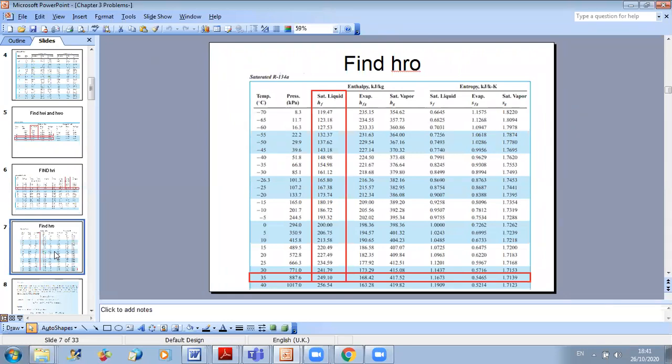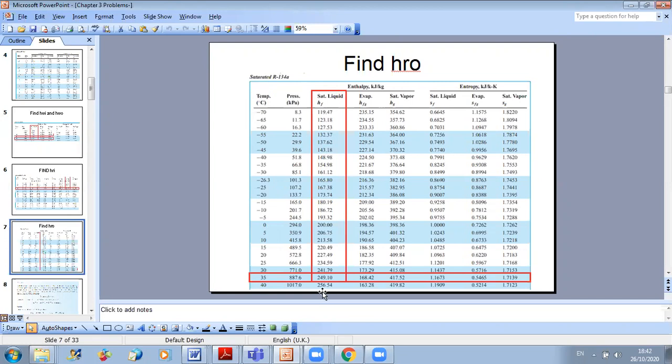In some cases, when you have a liquid, you have what is called compressed liquid tables. But sometimes if they don't give you compressed liquid tables, this means that if you have a liquid state, you can go to the saturated table and take the value at saturated liquid.